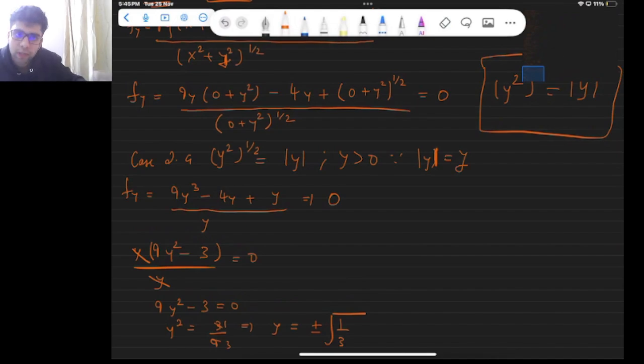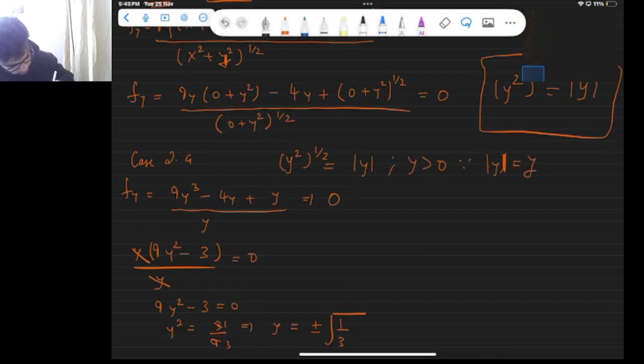Otherwise, if my y was negative... Let me write this more clearly so that you understand. Here I am assuming that my y is greater than 0.